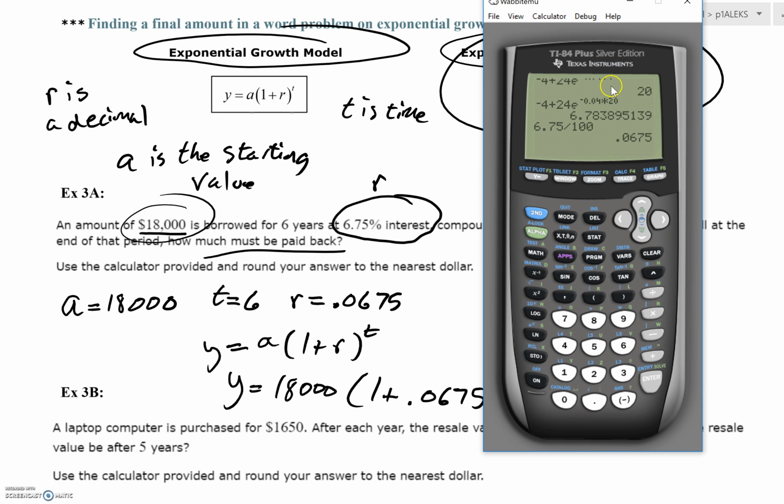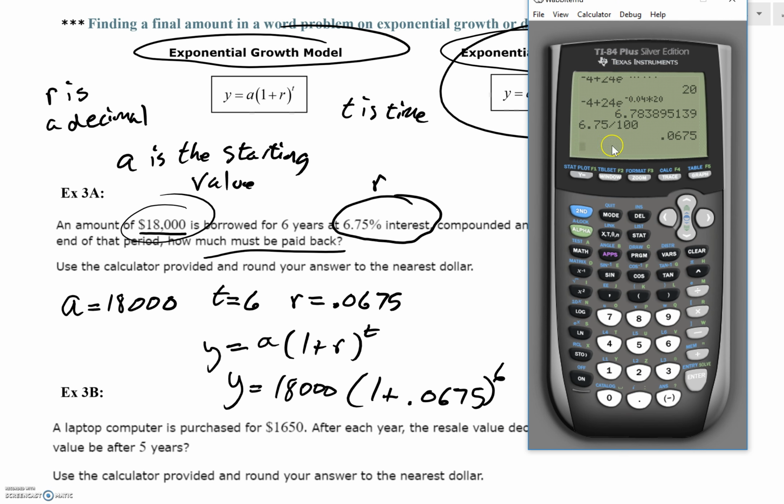So we can very quickly get this typed in. We'll say 18,000. I'll say here's a 1 plus 0.0675. We're going to raise that up to the 6th power. And you can see if we're going to the nearest dollar, the 66 cents bumps this up to 7 at the single dollar unit.